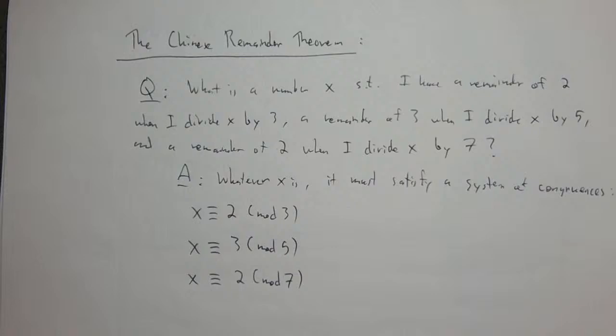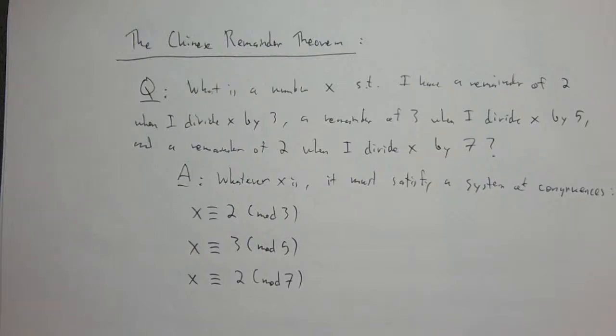And so it turns out that this is the subject of the Chinese remainder theorem. The idea of the Chinese remainder theorem is that I have a list of congruences that look something like this. And the idea is that I can, under the right circumstances, find an x satisfying this system of congruences.